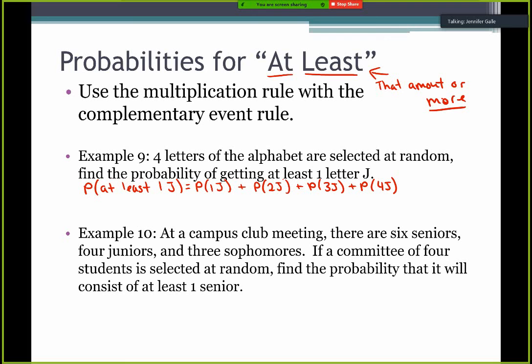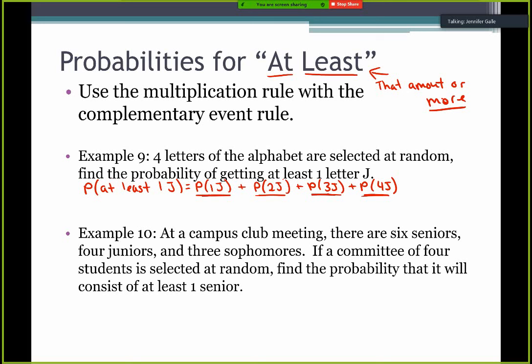So I have to select 4 letters for this probability and do that multiplication. I have to do the multiplication for selecting 2 J's and 2 of something else. I have to do the multiplication to select 3 J's and 1 of something else. And I have to do the multiplication to select 4 J's. That sounds like a lot of work. Doable work. It's not too tough to multiply those things together, but it takes a lot of work.